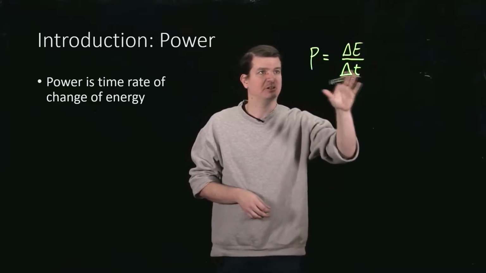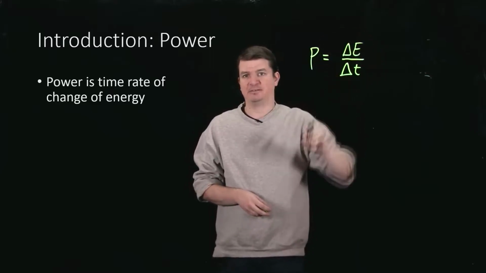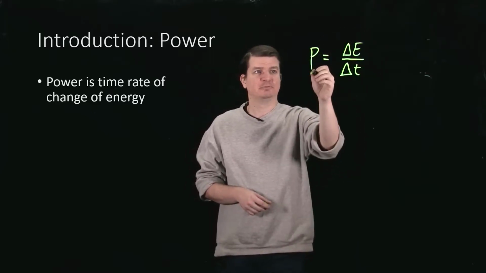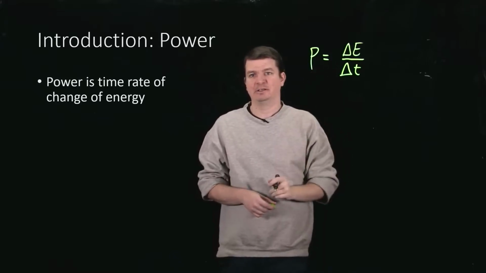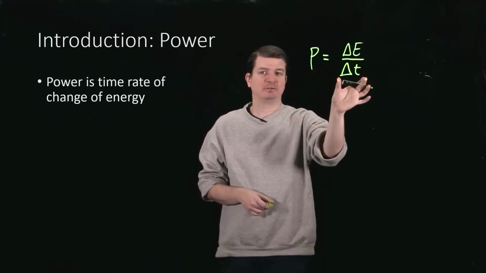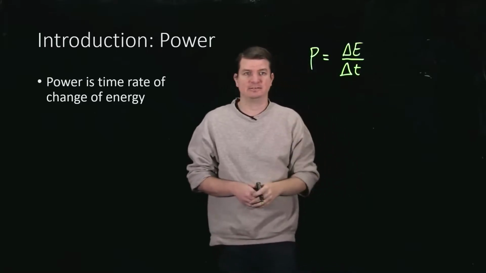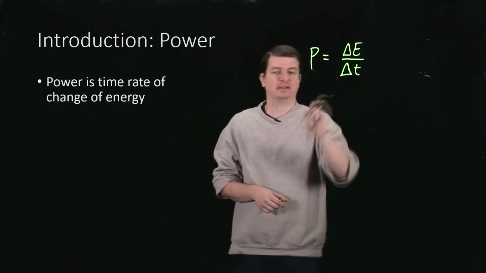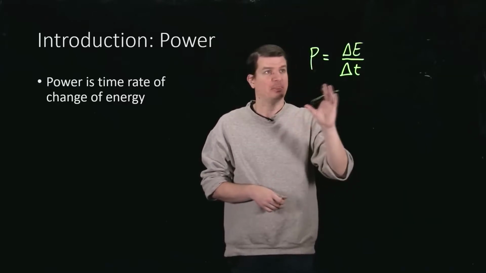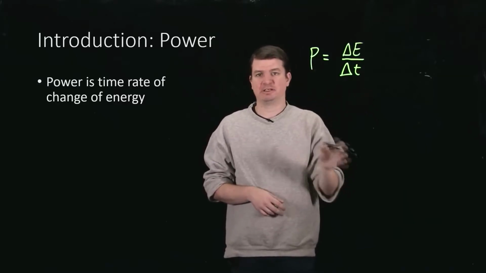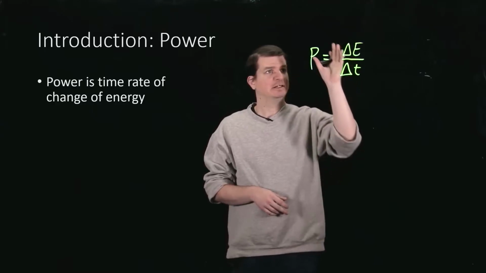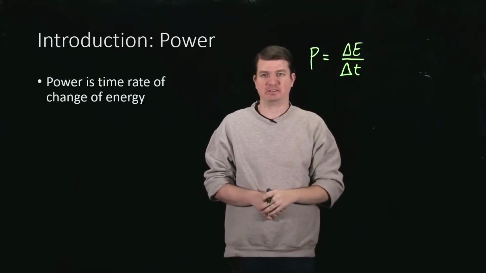If these intervals are long and this rate of change of energy is changing, then we're talking about an average power. If the intervals are really small, then we're talking about an instantaneous power during that teeny instant described by that teeny tiny interval. But regardless of whether we're talking averages or instants, this is the expression.